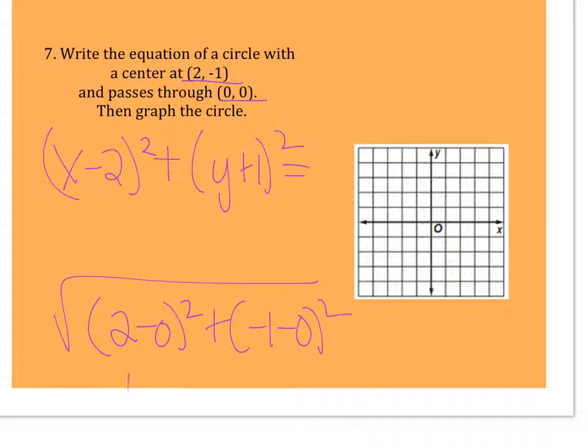This should be pretty easy. That's 4 plus 1. I get square root of 5. So my radius squared would just be 5. Now let's graph. At (2, -1), (0, 0). That means it's going to go like that all the way around. So it's going to look something like that.